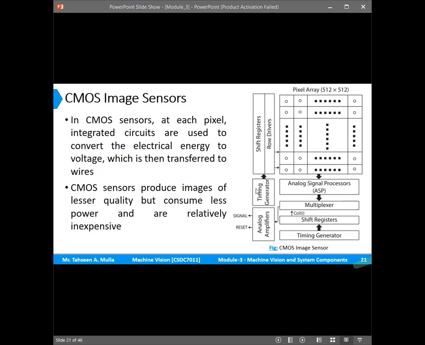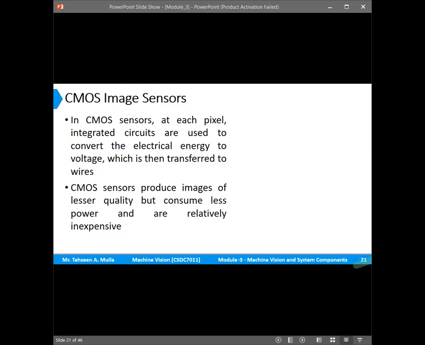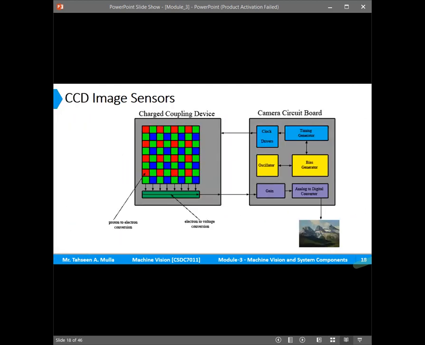This was a part. The moment it was an additional circuit where I need to have shift registers, a timing generator, analog amplifiers, again timing generators for rows as well as for columns. I need to have a pixel array of 512 by 512. Now these are included in CMOS circuitry. They're not a different part as we have seen here in CCD.